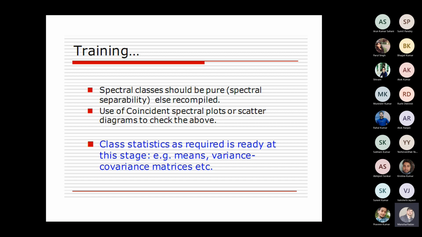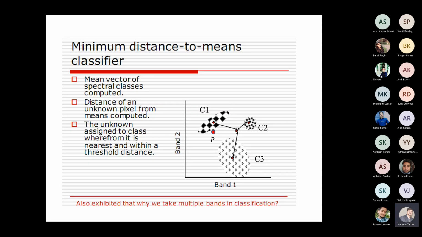Once you have collected the training samples, the statistical parameters are calculated, like mean, variance, covariance matrix. On the basis of the decision boundary that we determine, the first supervised classifier is the minimum distance to mean classifier.